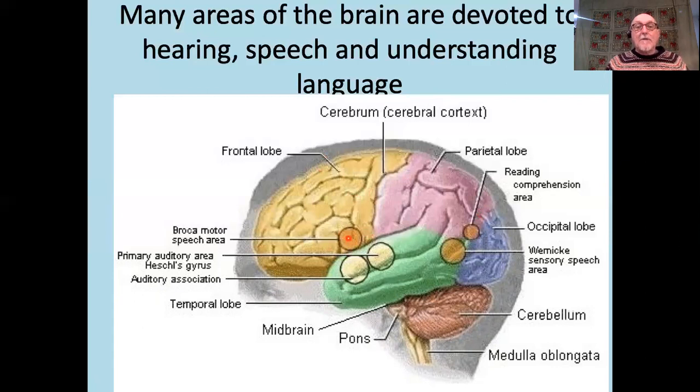Okay, so I would like you to remember, first of all, that the temporal lobe is the place where the first real analysis of what we are hearing takes place. Then remember that Broca's area is where we physically form speech, and Wernicke's area is where we actually understand, and all of these have to coordinate with one another.